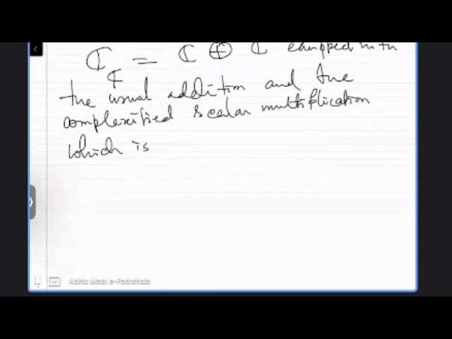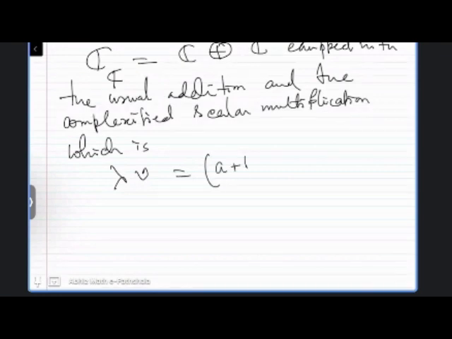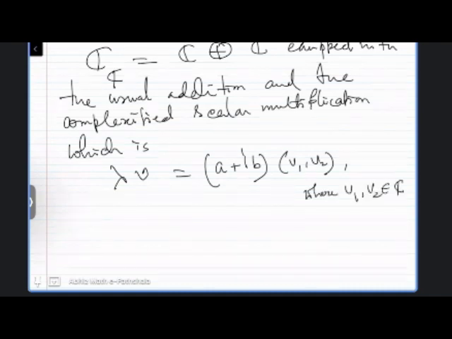what is that? So you take any lambda, and if you take any v, that means lambda can be written as a complex number a plus ib, and v is nothing but (v1, v2) where v1, v2 both are complex numbers.